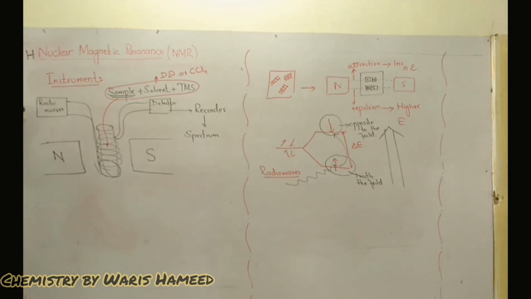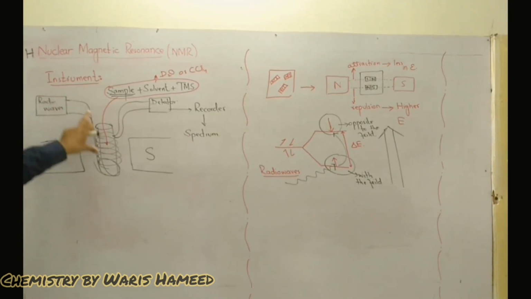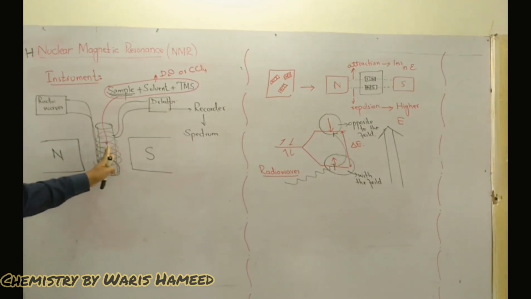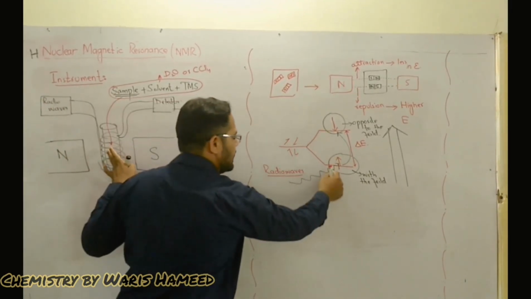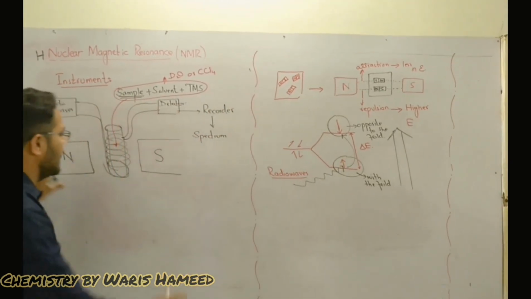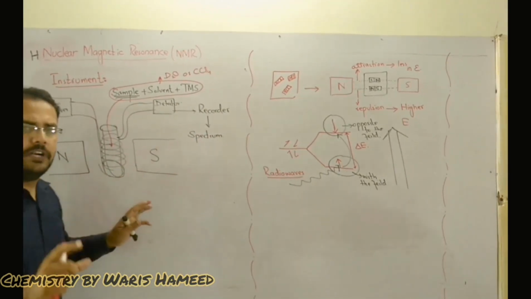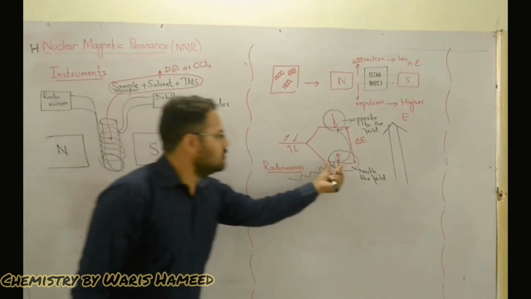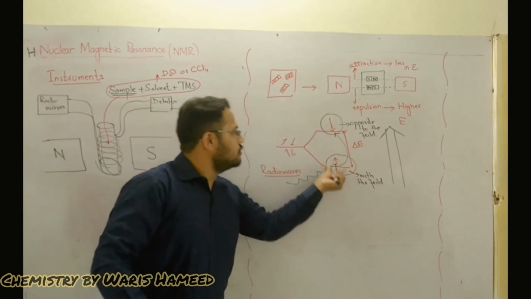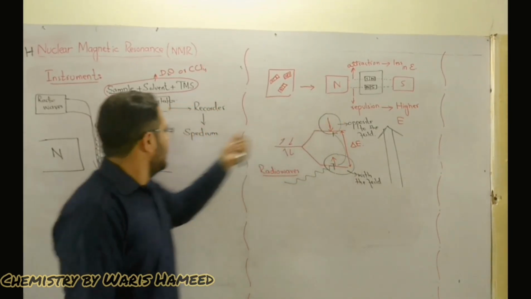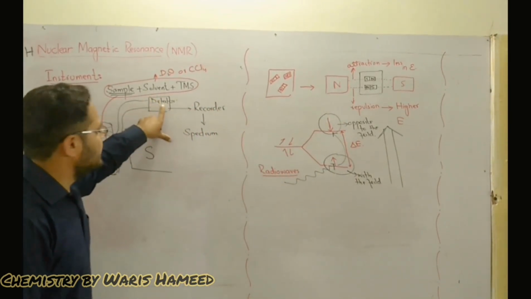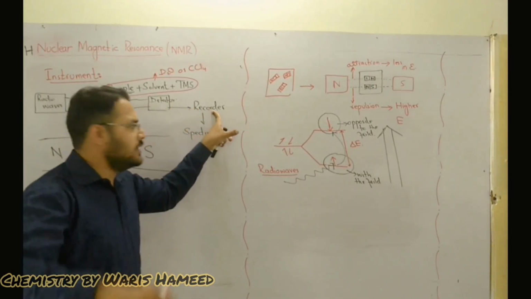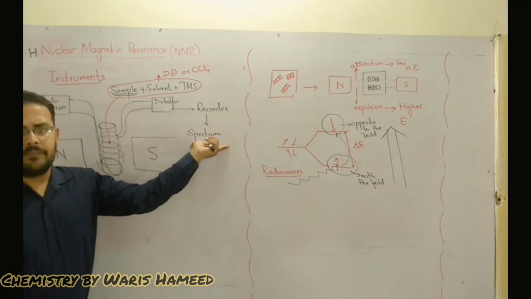After that, we pass radio waves through the sample, and the molecules in this tube arrange themselves according to these two energy levels. If we apply this external magnetic field, then when the radio waves are passed, the molecules jump from lower energy level to higher energy level, and the absorbance is detected by the detector and gives us a signal on the recorder, and the recorder gives us a spectrum.